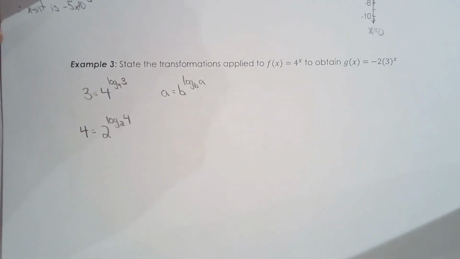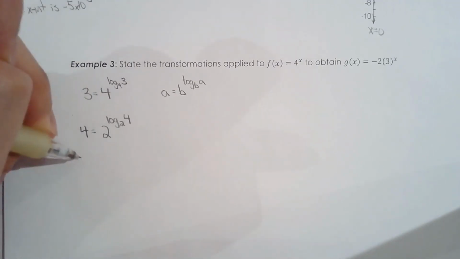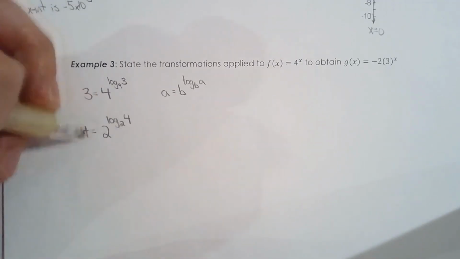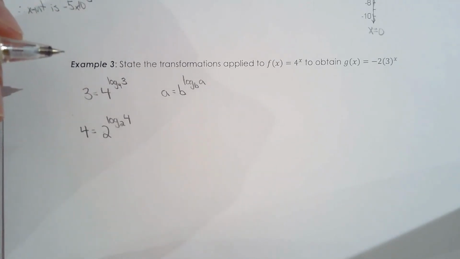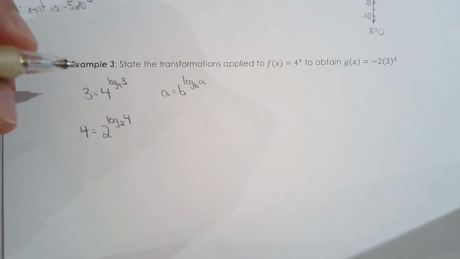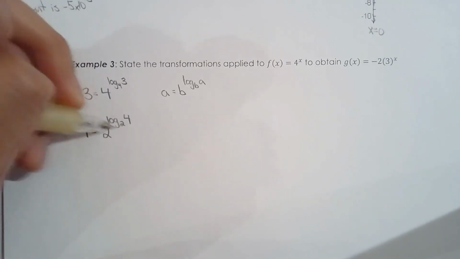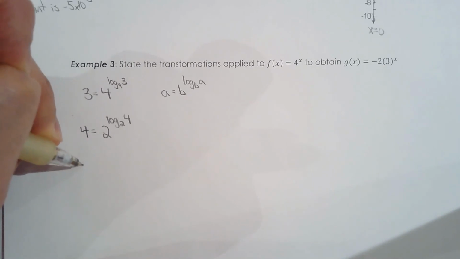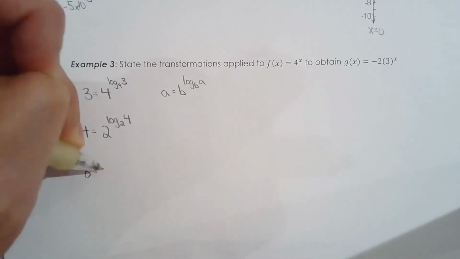Maybe I'll change the number because I don't want the exponent to be 2 as well. So let's do 8 instead.